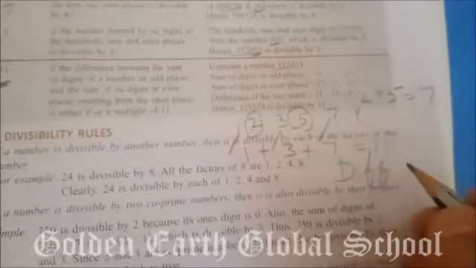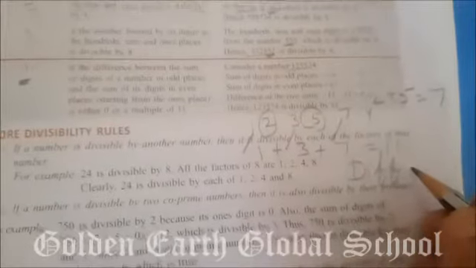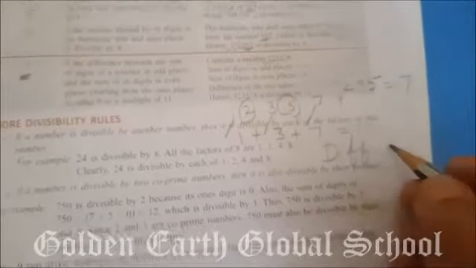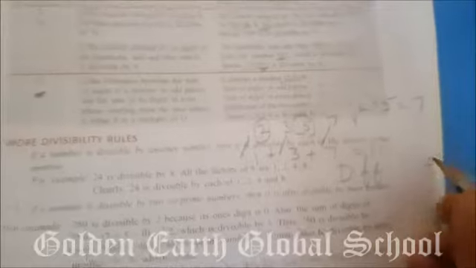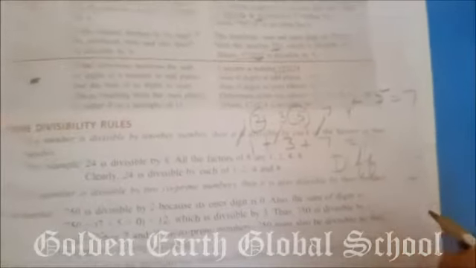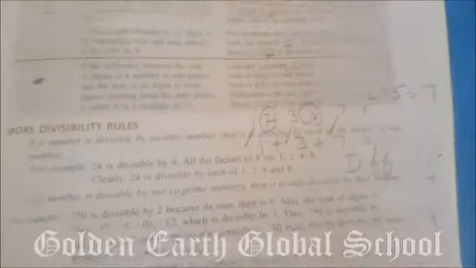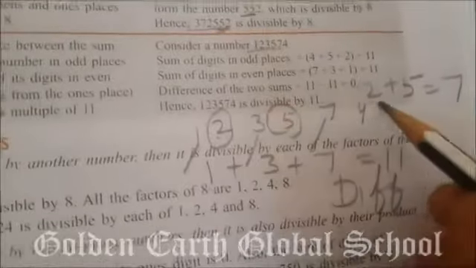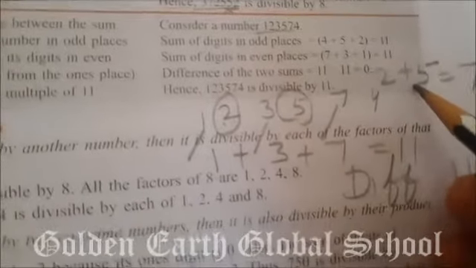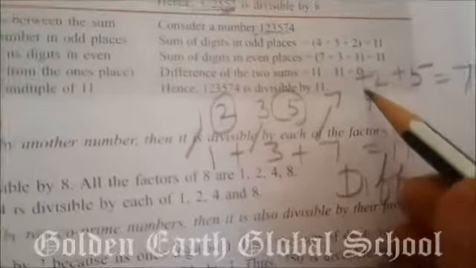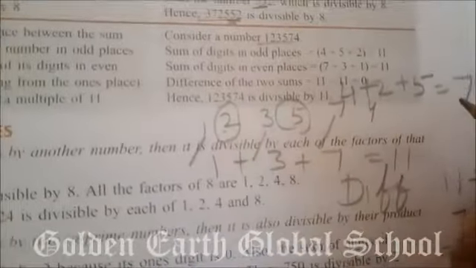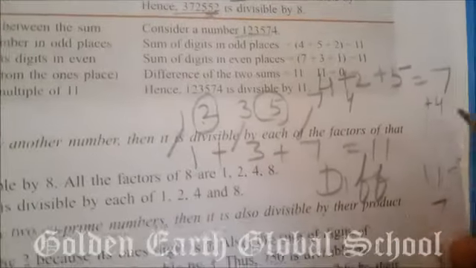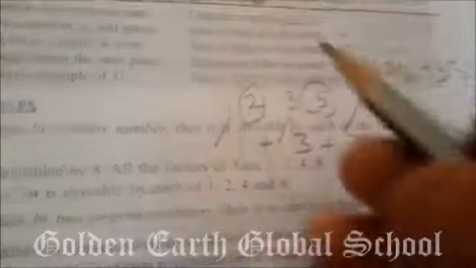2 plus 5 plus 4 is also 11. Now concentrate on this.